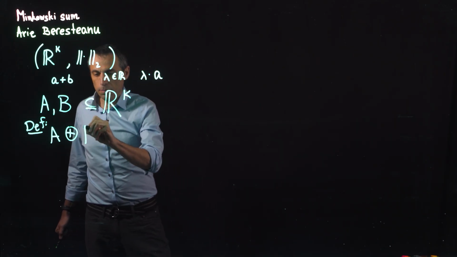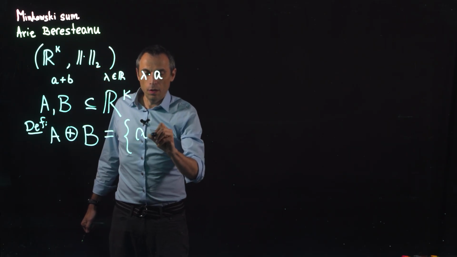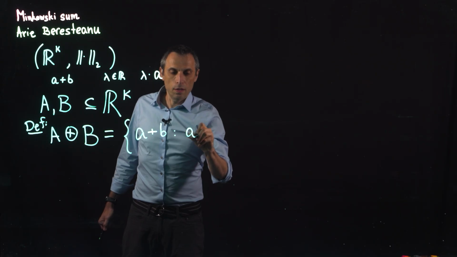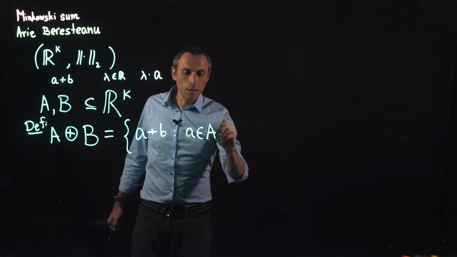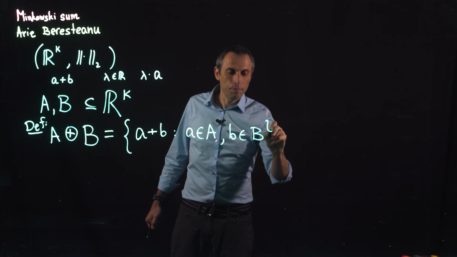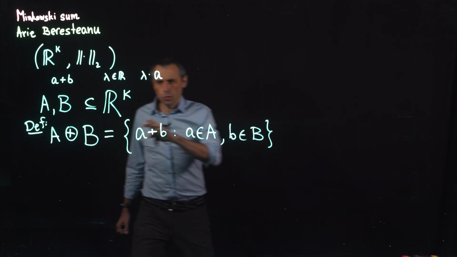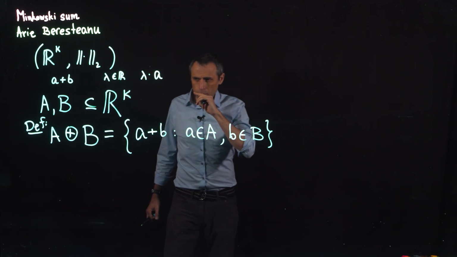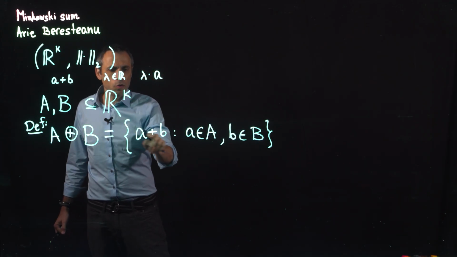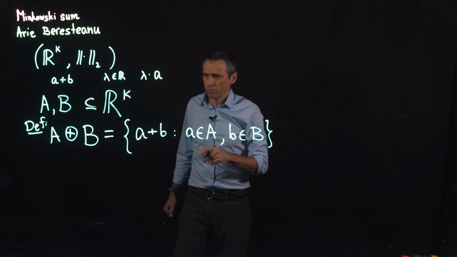A plus B is the set of all a plus b such that a is in capital A and b is in capital B. So that's the definition of Minkowski summation, and we use this special notation just to separate it from the summation between two vectors.